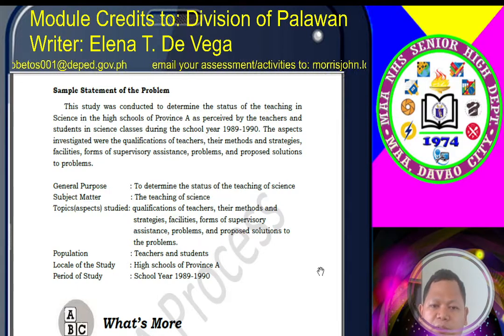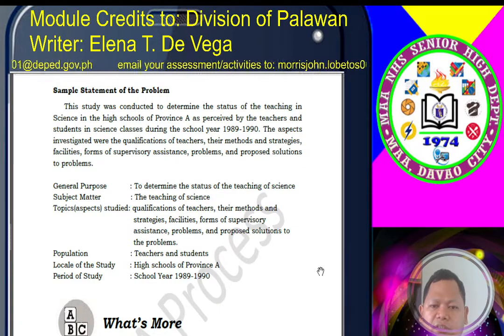So this is the general purpose, to determine the status of the teaching of science. What is the subject matter? The teaching of science. Topics studied: qualifications of teachers, methods and strategies, facilities, forms of supervisory assistance, problems, and proposed solutions to problems. Who are the respondents or the population? Teachers and students. The period of the study: school year 1989-1990.